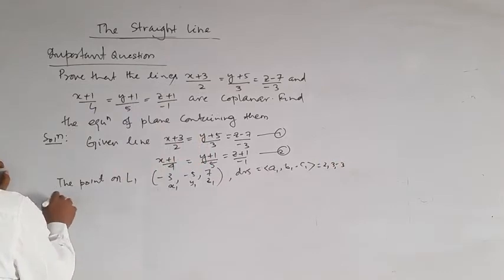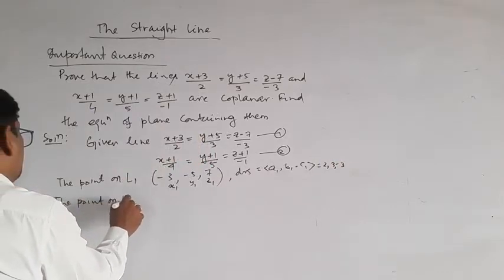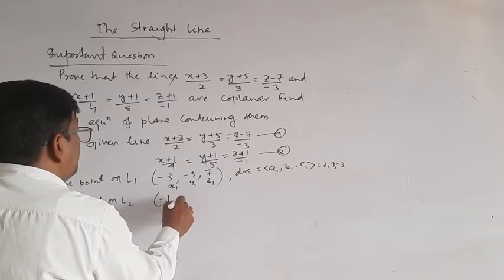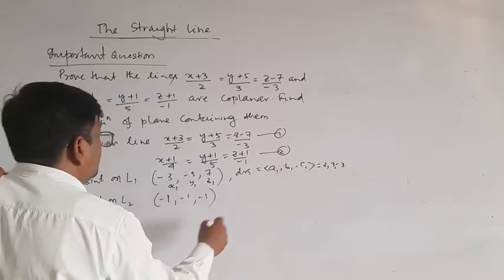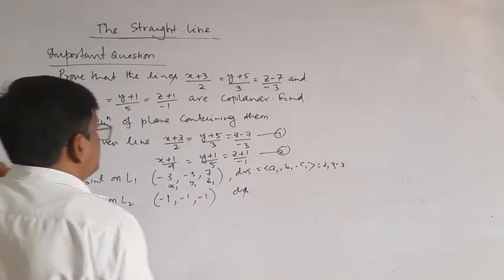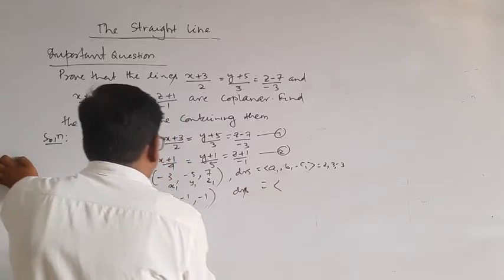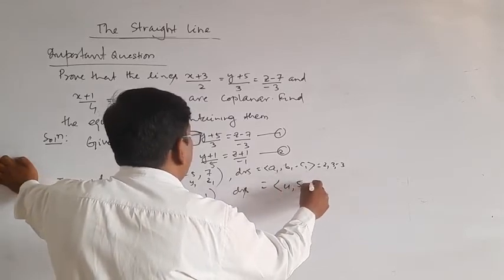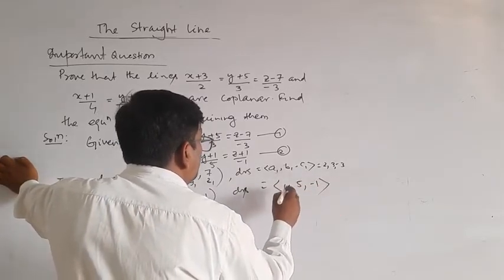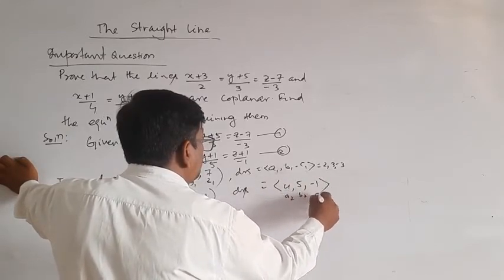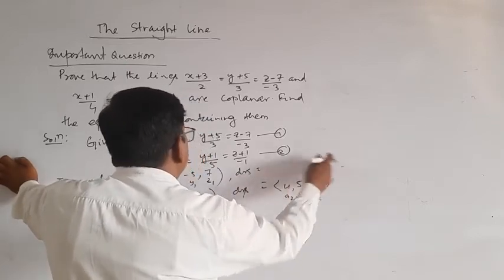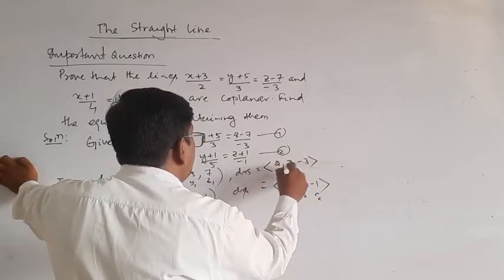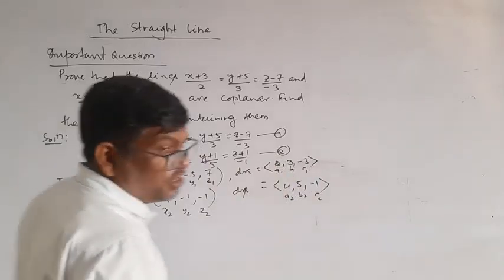And the point on line 2, x2, y2, z2, is minus 1, minus 1, minus 1, and the DRs a2, b2, c2 are 4, 5, minus 1.